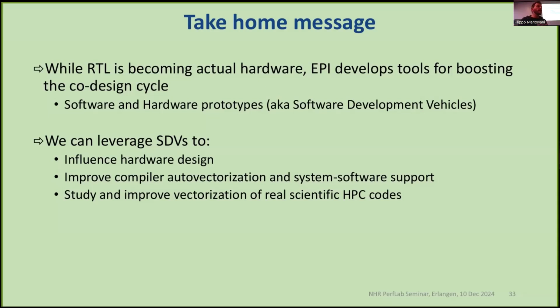And the idea of the software development vehicles is doing 3 things. First of all, if we see some bug in the hardware, we can go back to the RTL guys and say, hey, you said that a fused multiply-add should take 32 cycles, and I see 38. You have 6 more cycles, and I don't know where they come from. This is an example that actually happened at the very beginning, okay?